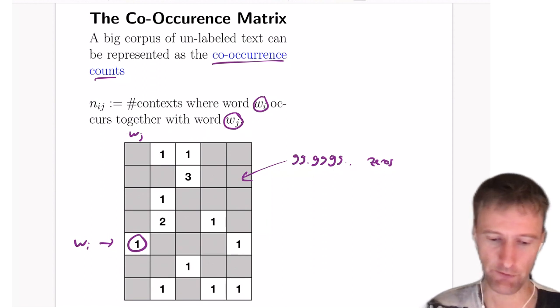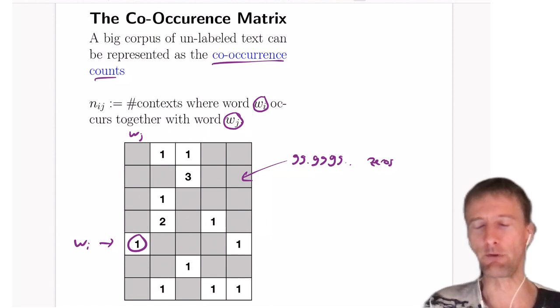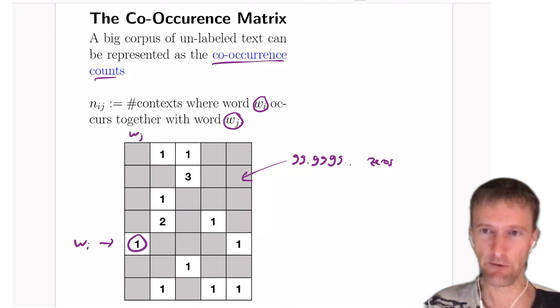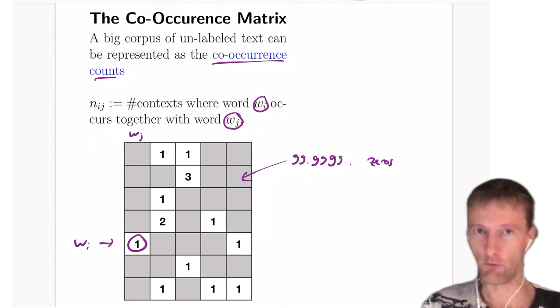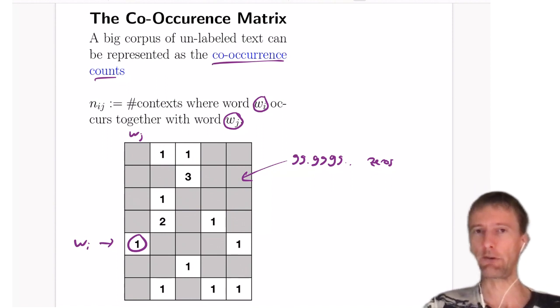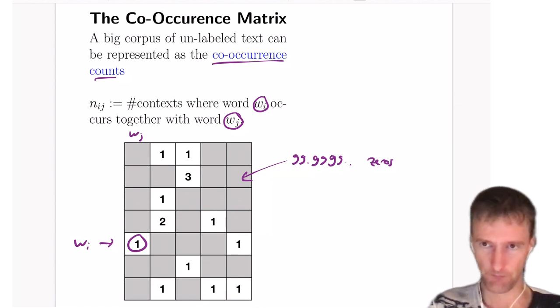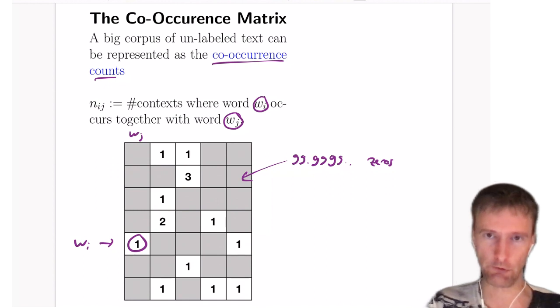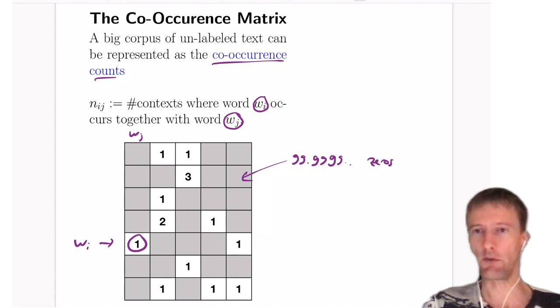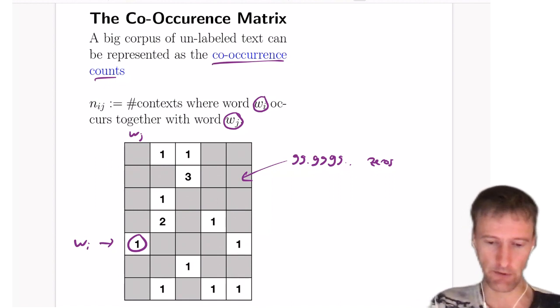So the matrix itself is huge. You will not be able to store it as a dense matrix, no way. You will maybe be able to store it as a sparse matrix. Why is that? Because then it's actually just as big as the text you read, because whenever two words appear together, there is an entry in this matrix. So that's something you can store as a sparse matrix. And yeah, that's what you do.